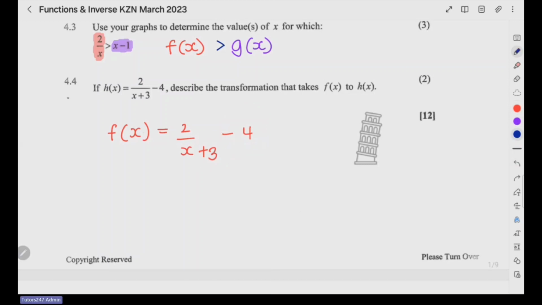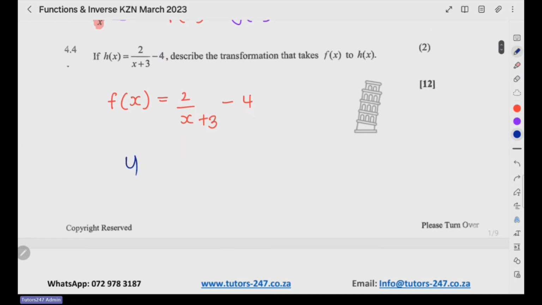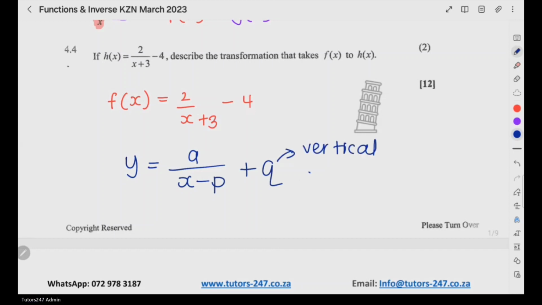That should remind you of the general formula of a hyperbolic function. We know that q represents the vertical shift and p represents the horizontal shift. So in order for us to move from f to h, our function has to shift vertically and horizontally.